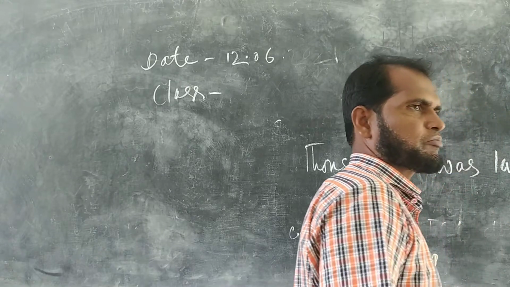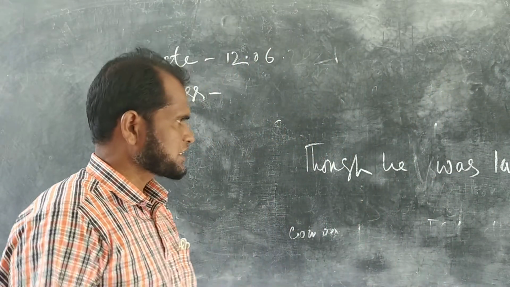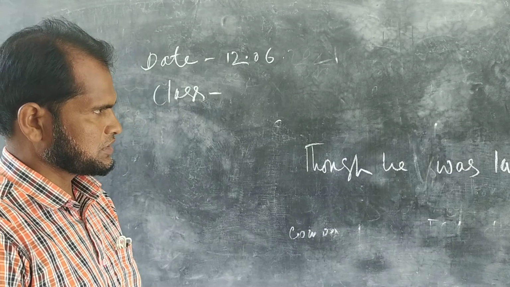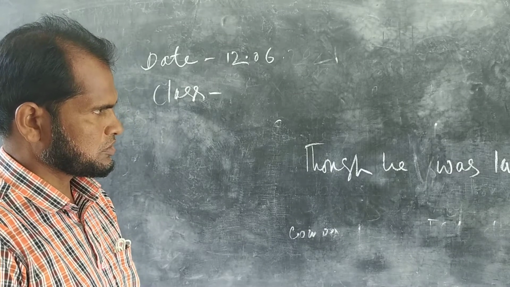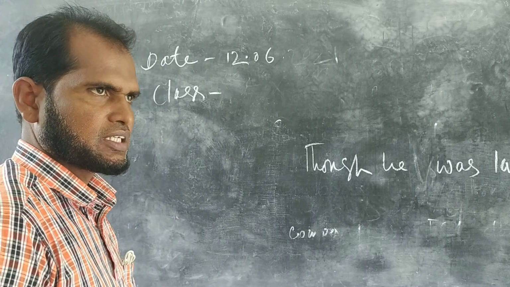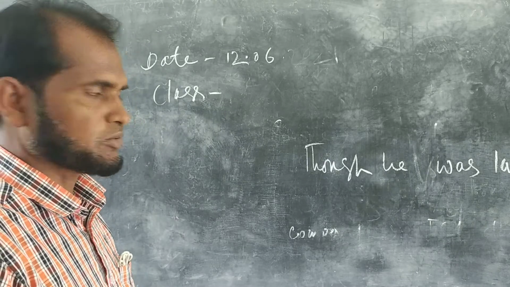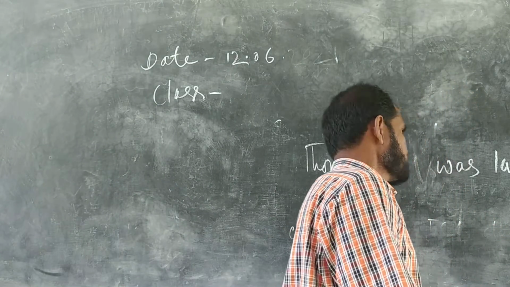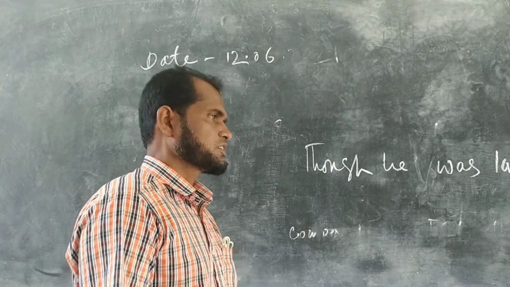This is an example of a complex sentence, because we can see there is only one principal clause, that is, he could make a good result. This is the principal clause, and though he was lazy is the subordinate clause.